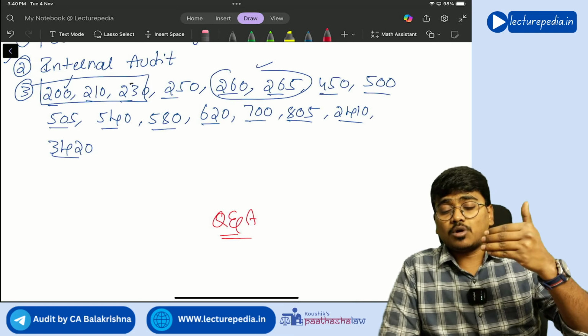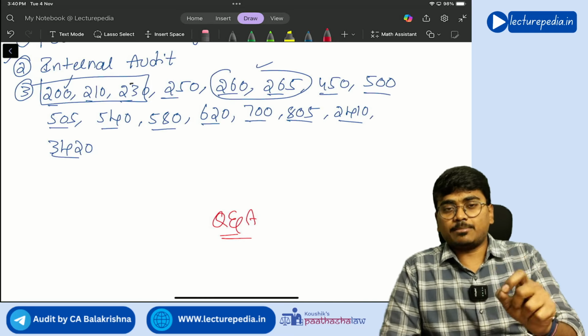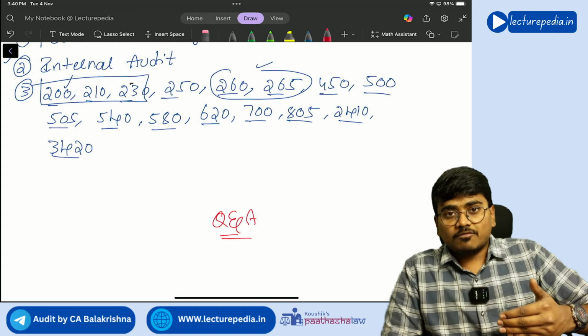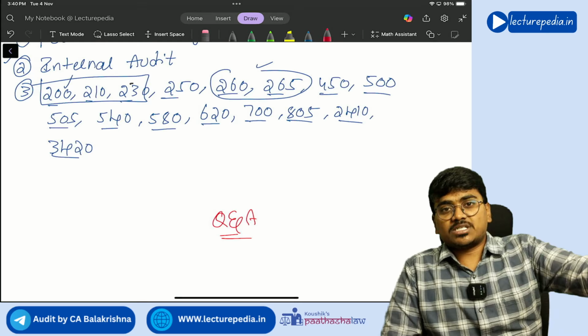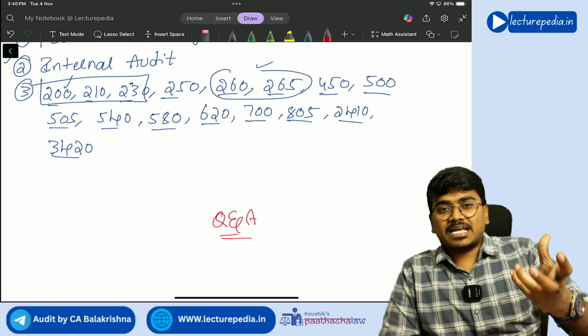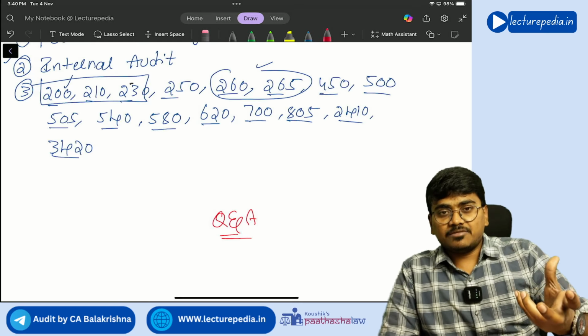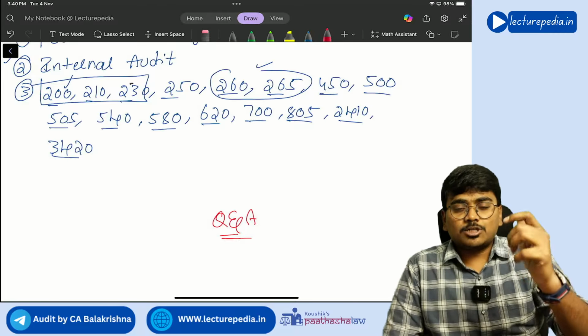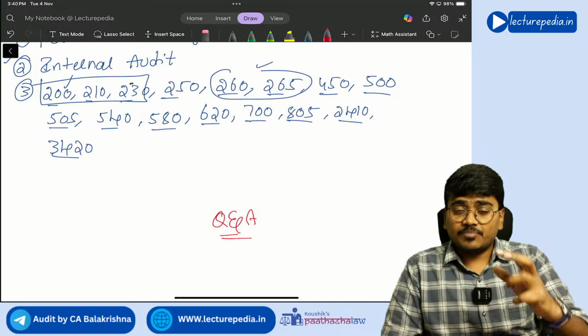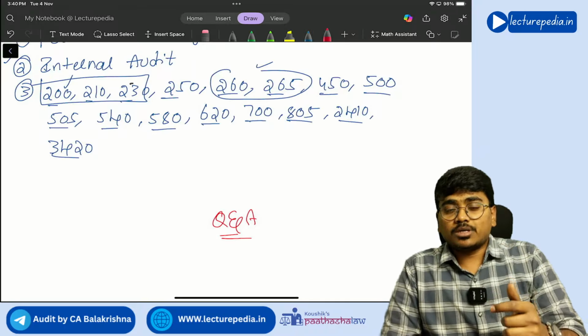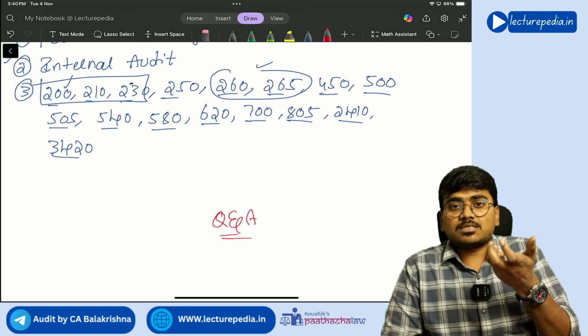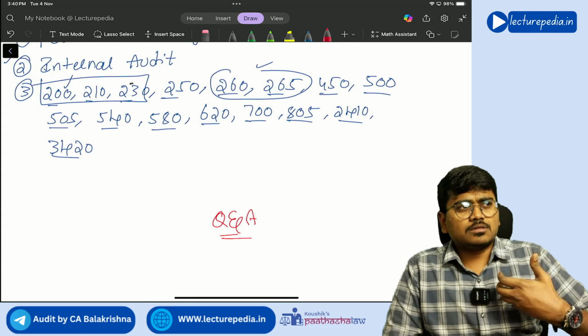So how can you focus more on the question? Only if you solve a question bank, only if you solve many questions, you will get to know how to tackle them. Even if you know all the concepts, if you don't know how to tackle the question, identifying it and writing the relevant points as the answer, that is something you need to learn in a theory subject like audit.